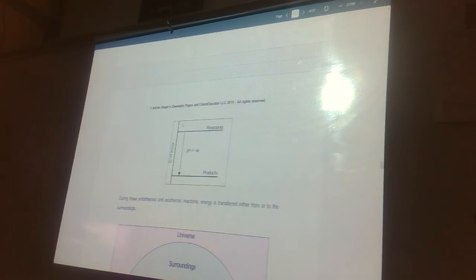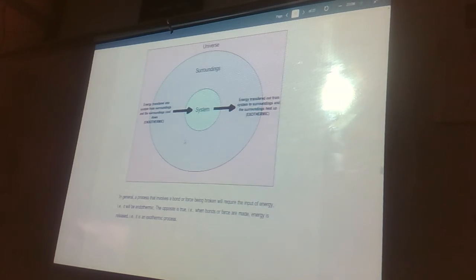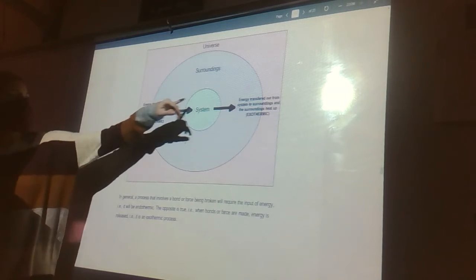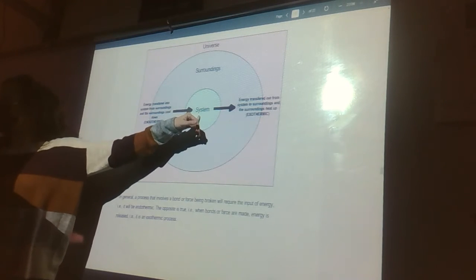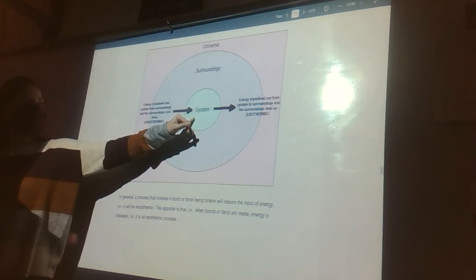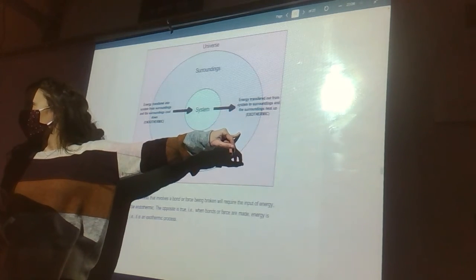And then this is where we talk about the system and the surroundings. I've already talked a lot about this. In an endothermic process, the system takes energy from the surroundings, right? In an exothermic reaction, the system gives energy to the surroundings.